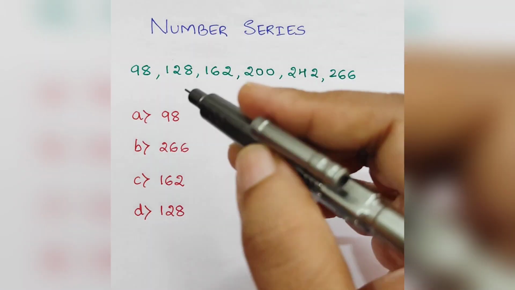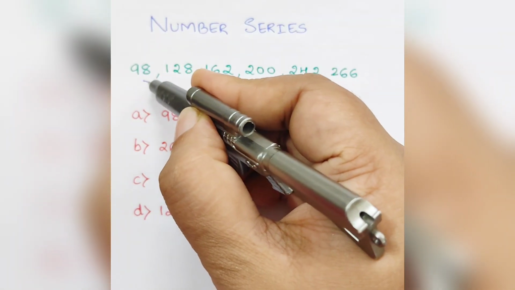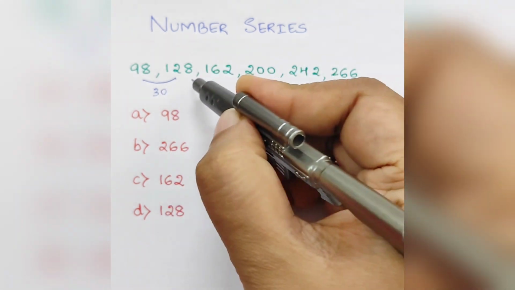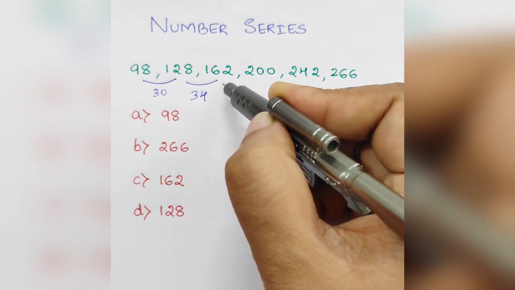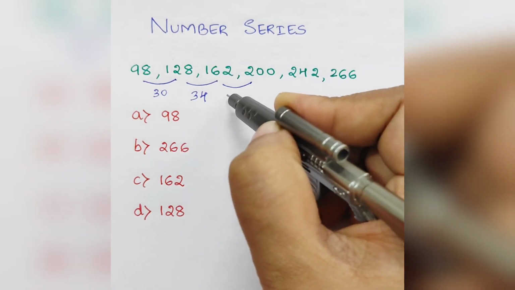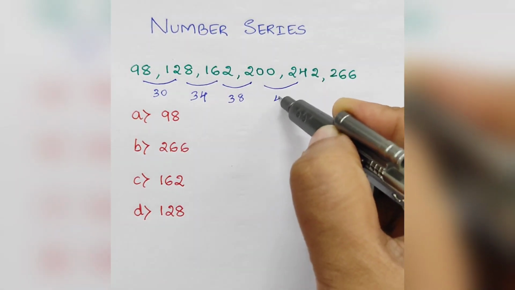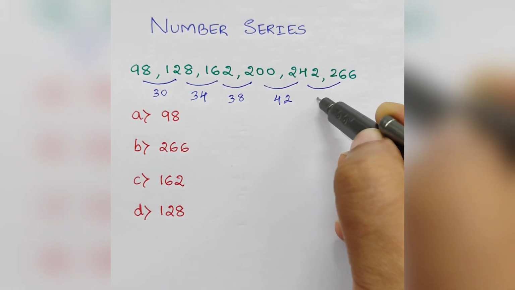In this series, we need to find the wrong number. So first, let's check the difference. Difference between 98 and 128 is 30. 128 and 162 is 34. 162 and 200 is 38. 200 and 242 is 42. 242 and 266 is 24.